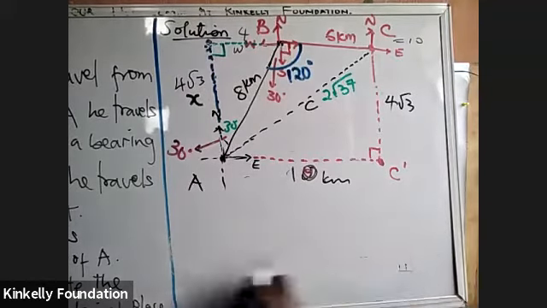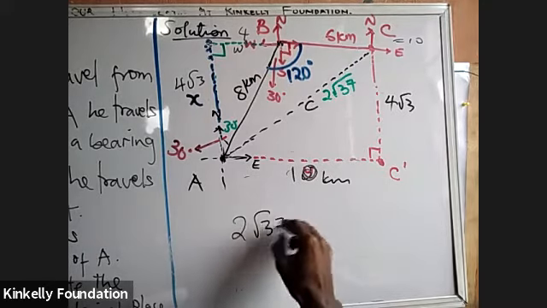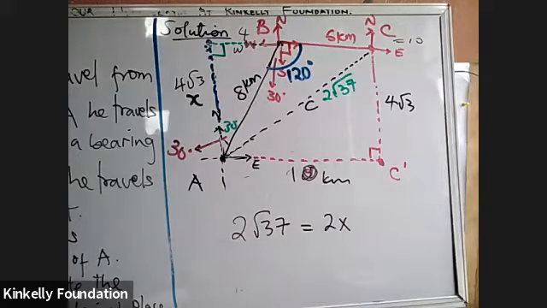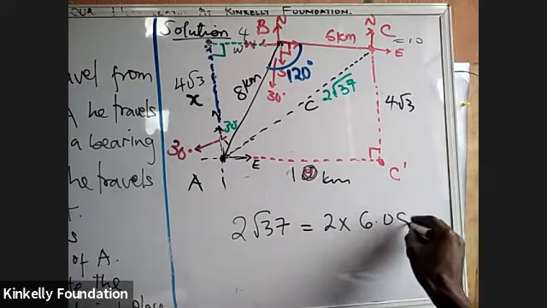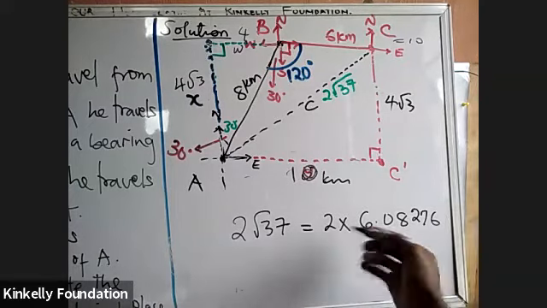Now, expressing this correct to 1 decimal place, 2 root 37 equals 2 times 4. Root 37 is something like 6.08276.